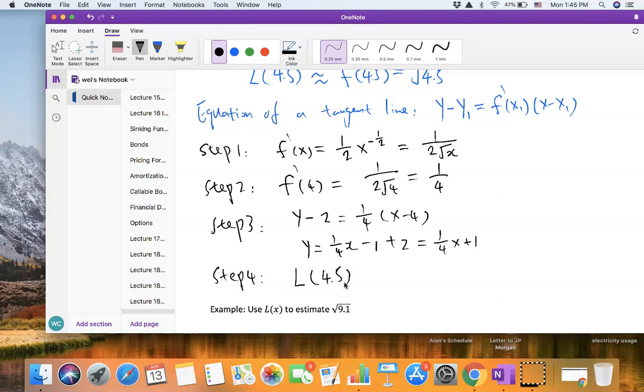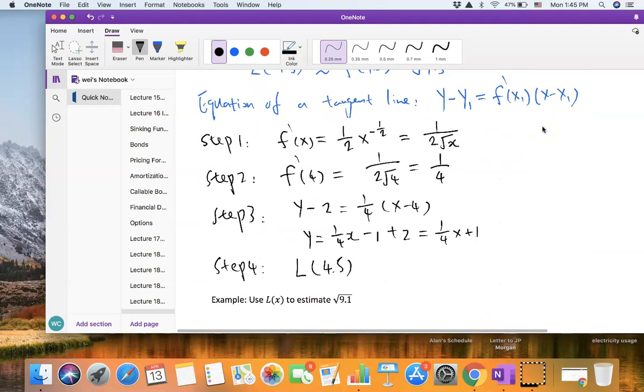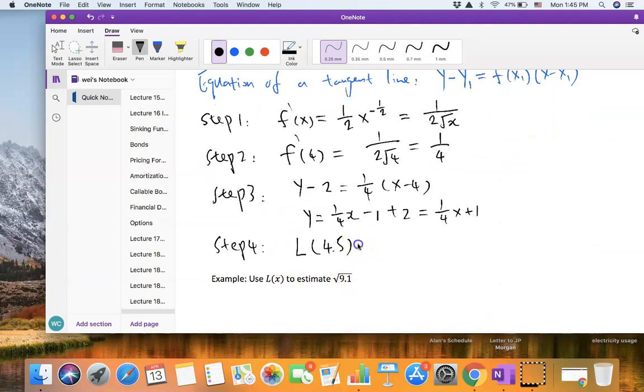Now, in the last step, we evaluate the function L(x) when x equals 4.5. That is 1 over 4 times 4.5 plus 1.